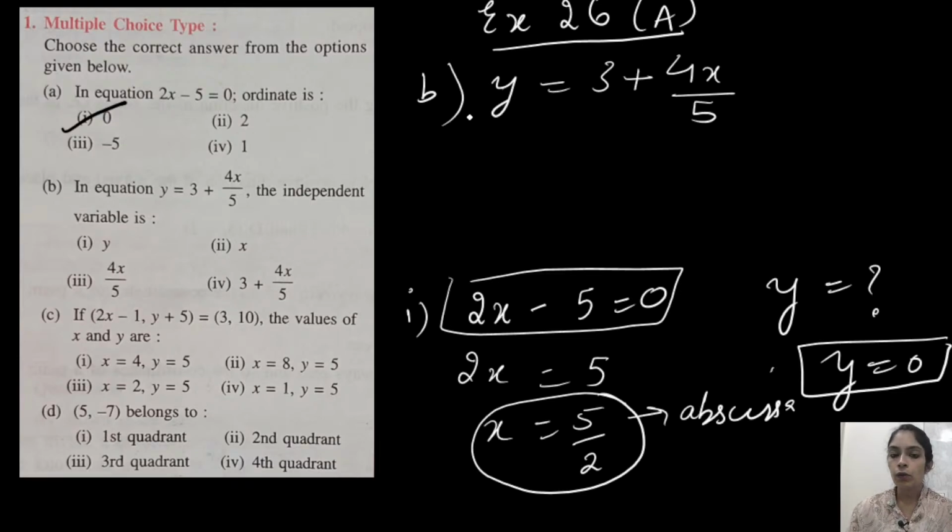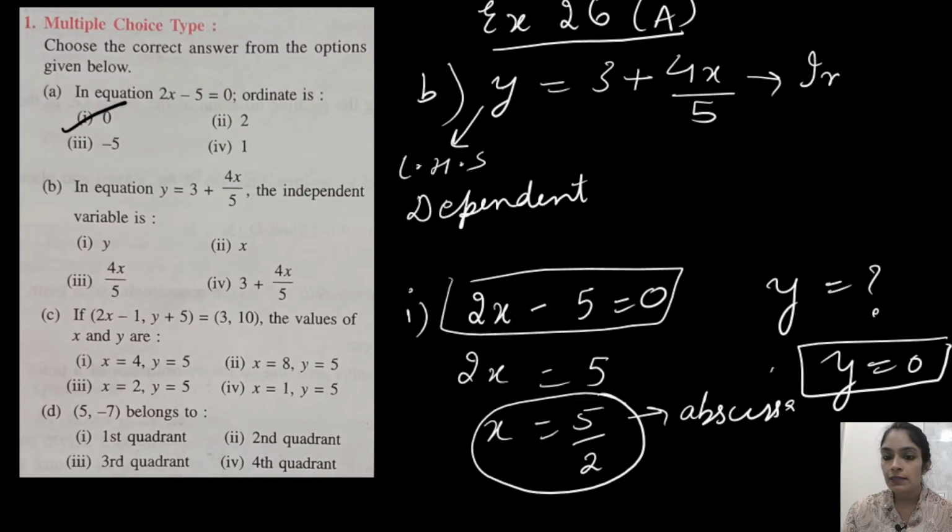I have already told you, if the variable is on the left side, that variable is dependent, and the other variable is independent. So in this equation, x is independent. So it's the second option.